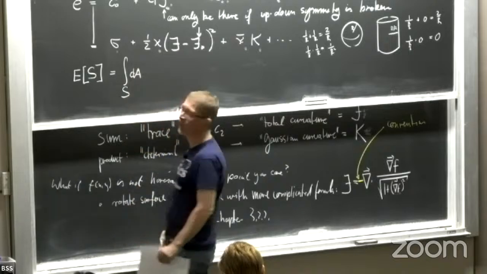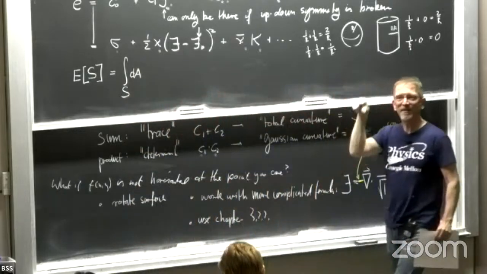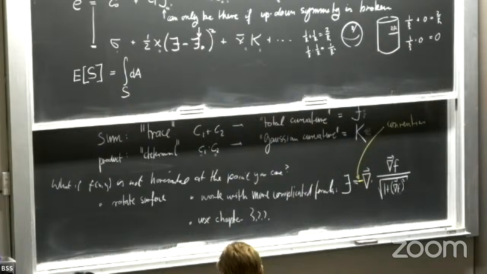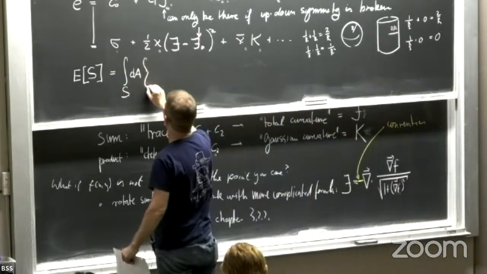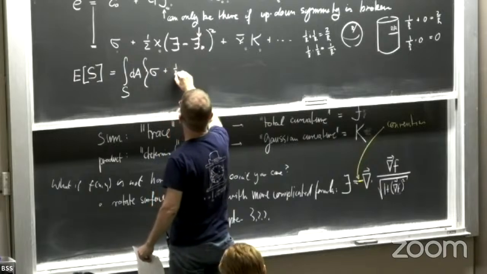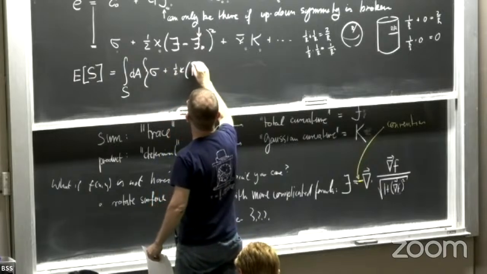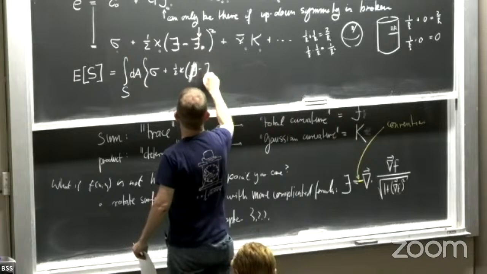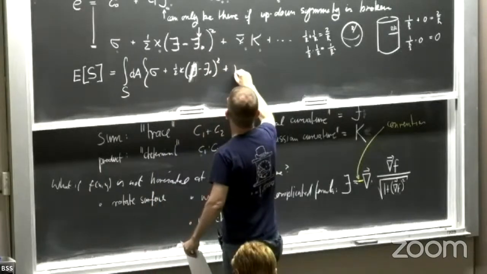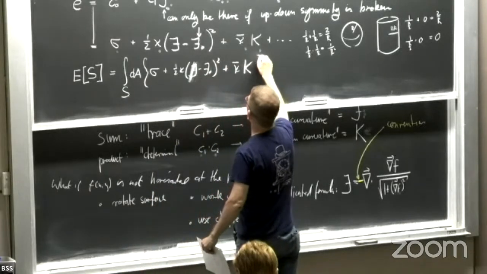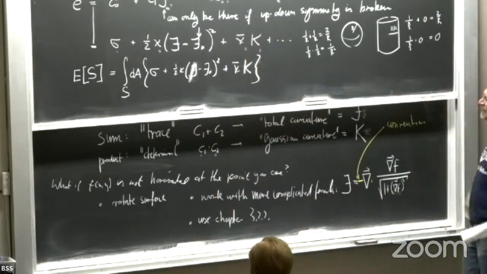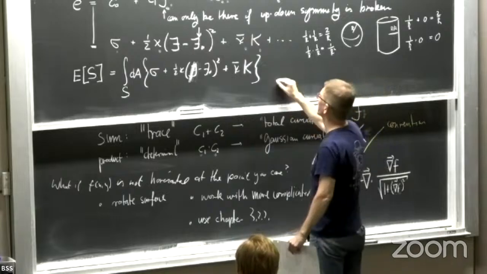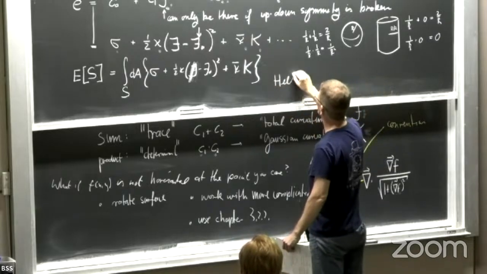We have to integrate over the surface, so that dA is the more fancy area element on the surface, which looks potentially funny. dA times this expression, sigma plus a half kappa (J minus J naught) squared plus kappa bar K. And we're going to stop it here. And this expression is the glorious, wonderful, studied to death since 50 years, Helfrich Hamiltonian.